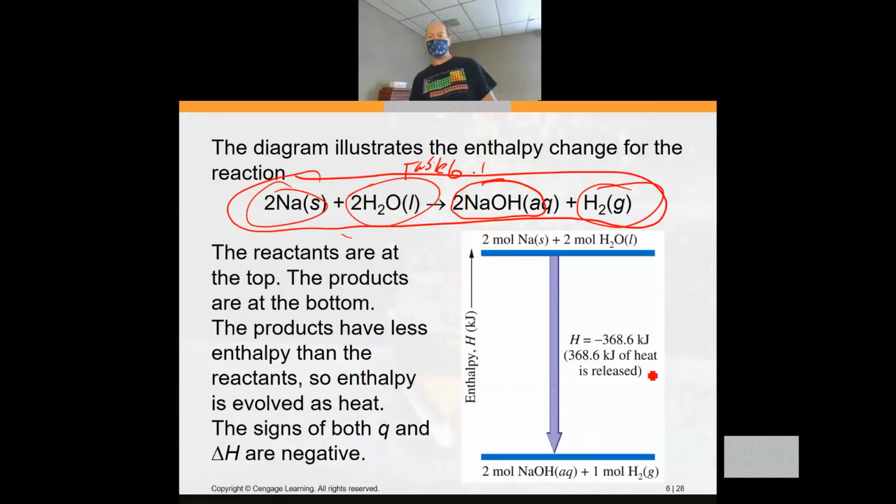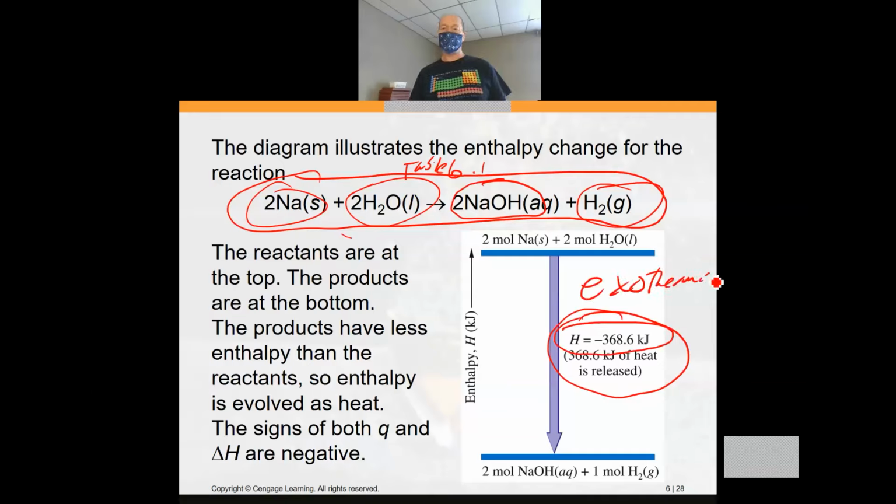What you're going to find is that you have a delta H that has a negative value. Products minus reactants, you add them up, and it is going to be negative 368.6 kilojoules. So when you get a negative number, that means exothermic. So if delta H is negative, then it is exothermic. Heat is released.